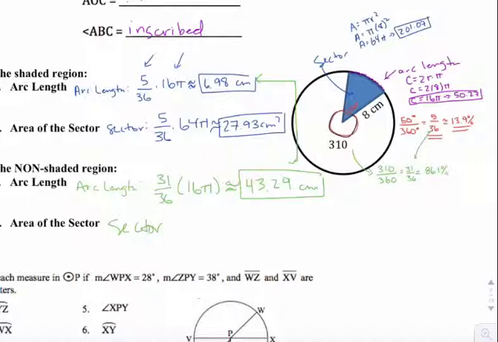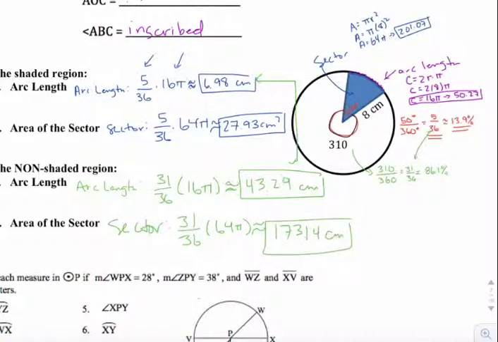Okay, so sector, we're going to do the same thing. So we have 31 out of 36. Our total area is 64 pi. So again, when we multiply this out, 31 out of 36, the approximate area that's not covered by the shaded region is about 173.14 centimeters.